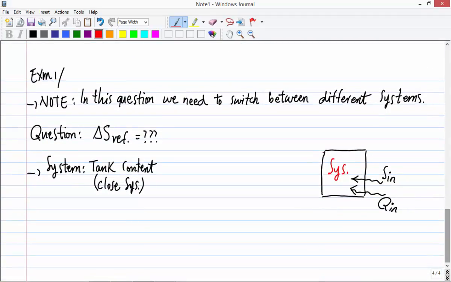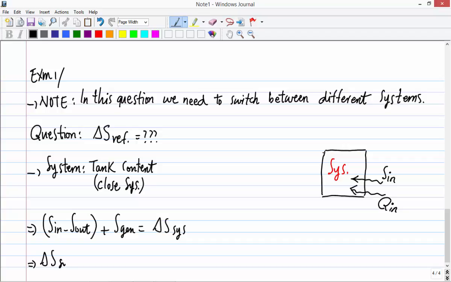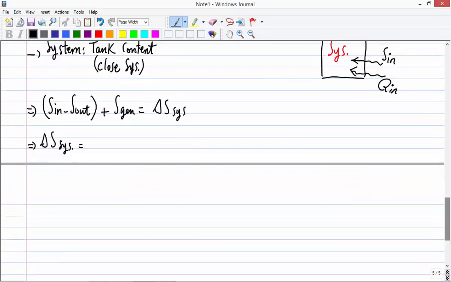So it's easy, right? I'm gonna just use the entropy balance equation: S in minus S out, plus the generated entropy, would be the total change of my system. And I'm solving for delta S system. Sorry, let me simplify this a little bit because we can.